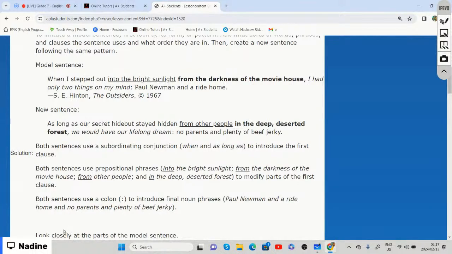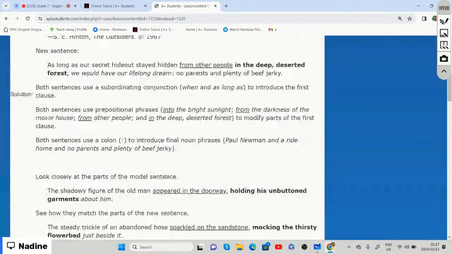And with a long sentence, it says, as long as our secret hideout stayed hidden from other people in the deep, deserted forest, we would have our lifetime dream: no parents, and plenty of jerky.